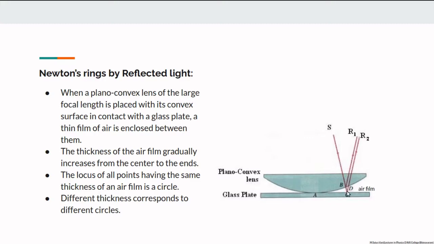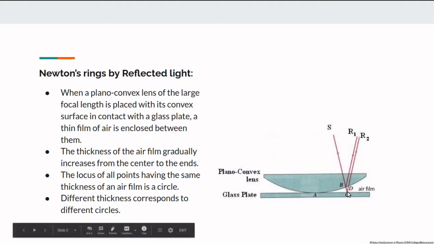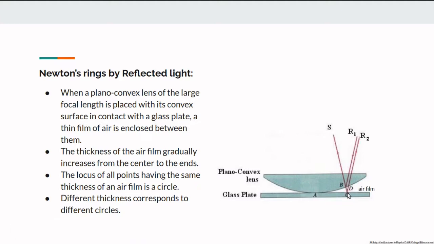The first reflection takes place at the convex surface to air film. Then the transmitted ray again undergoes reflection at the plane surface of the plane glass plate. This is the second reflected ray.